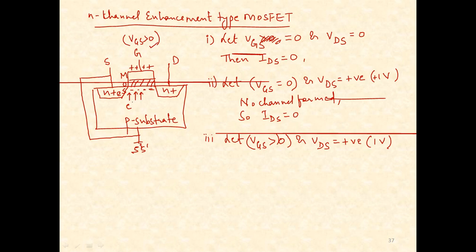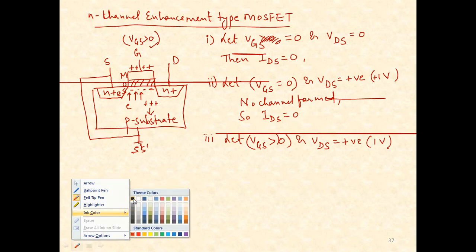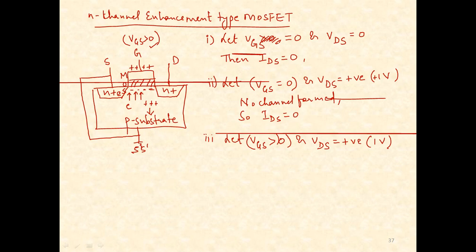So because minority carrier electrons are moving upwards, that means holes should be repelled. So holes will be moving downwards. In that way a channel gets formed because of VGS greater than 0. So let me draw that channel, because of which a channel of such kind appears.